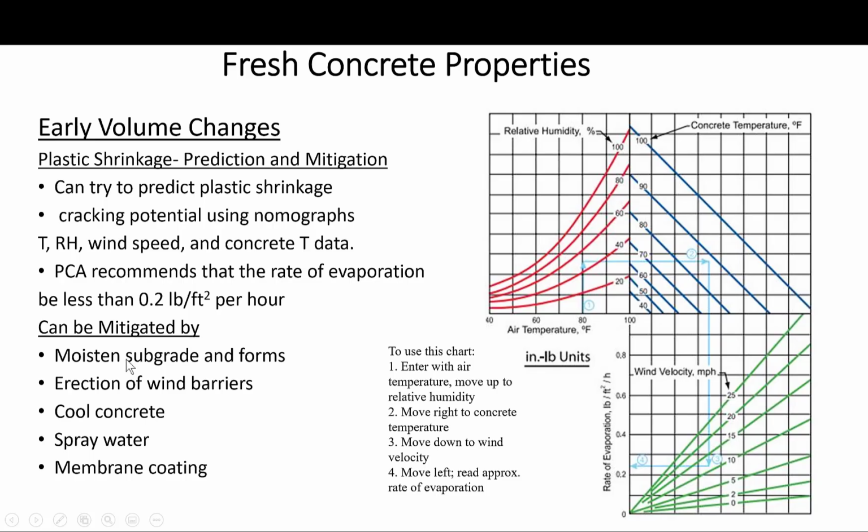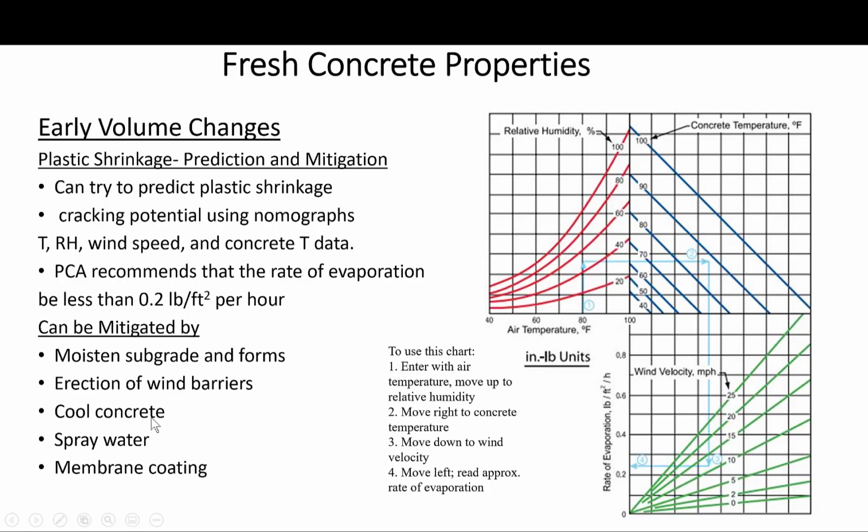One thing we can do, for example, moisten the subgrade and the forms, as I said previously. We can erect wind barriers maybe in order to reduce the impact of the wind on the concrete, because the higher the wind velocity, the higher the evaporation rate will be.